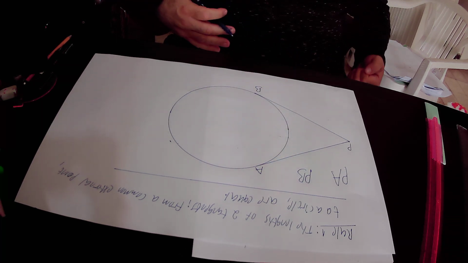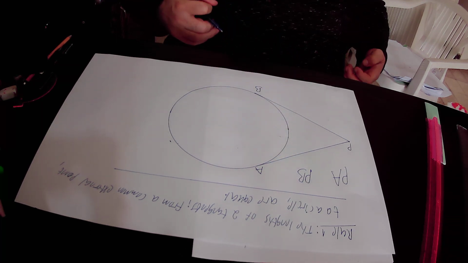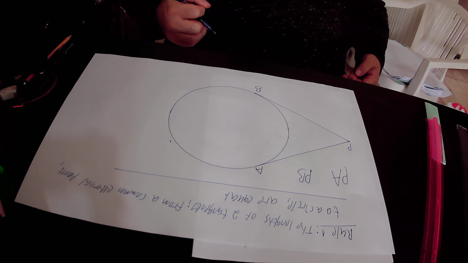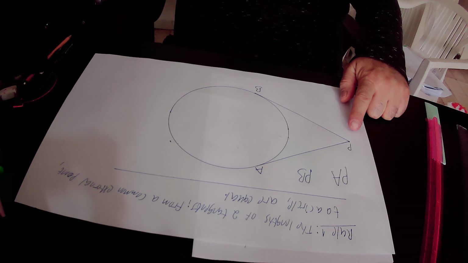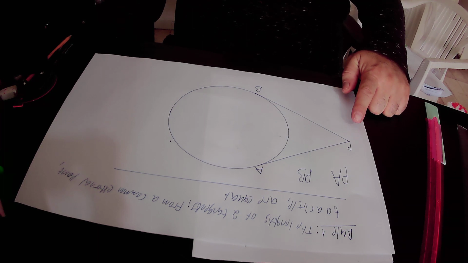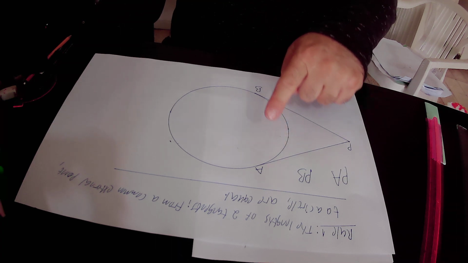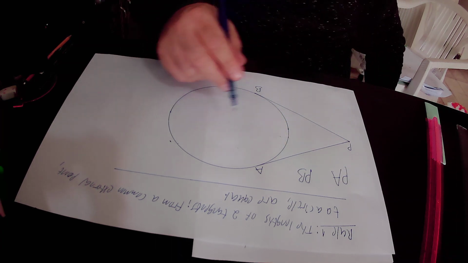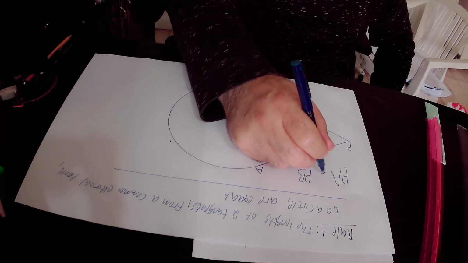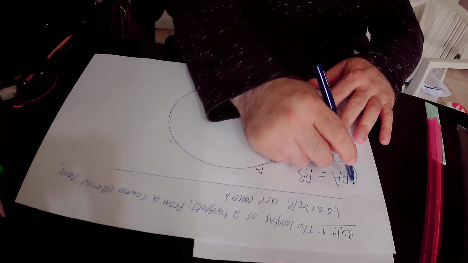According to rule number 1, the lengths of two tangents from a common external point, that is to say from point P, to a circle, to points A and B are equal. That is to say PA equals PB according to rule number 1.